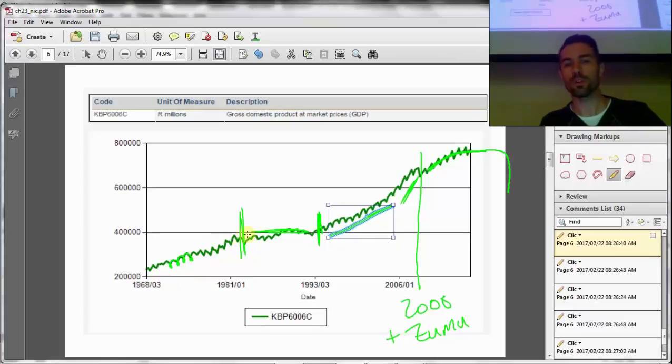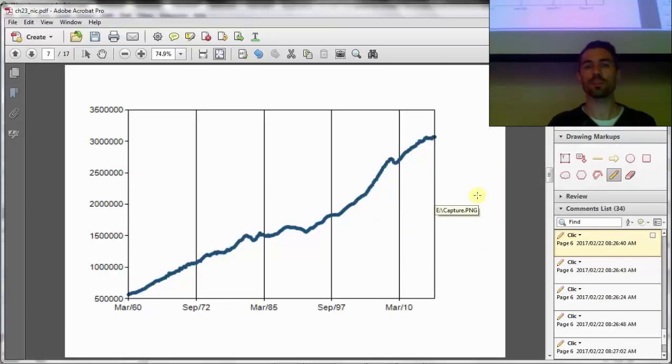So you can see that the seasons have an effect on GDP throughout the year. If we smooth that out, this is our GDP over time. Again, here's our 90s up to Zuma, right? And then this is post Zuma.